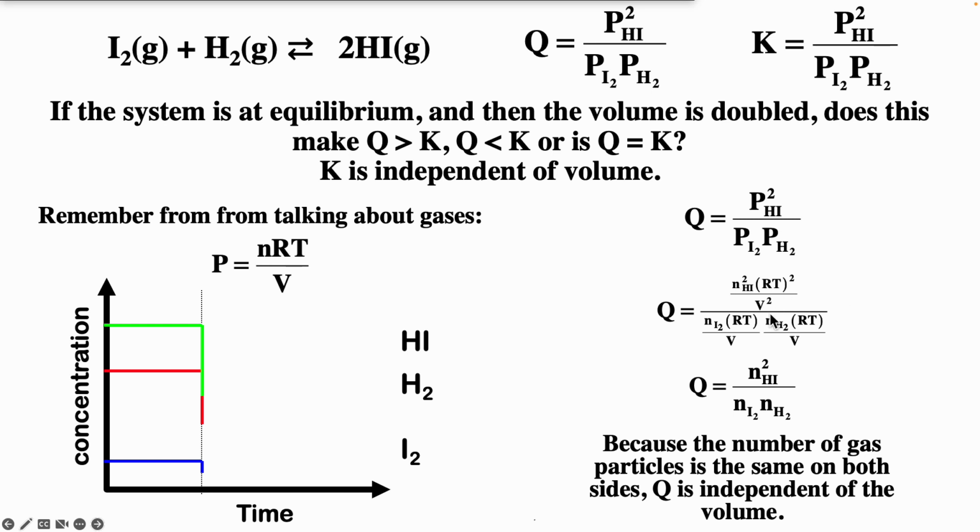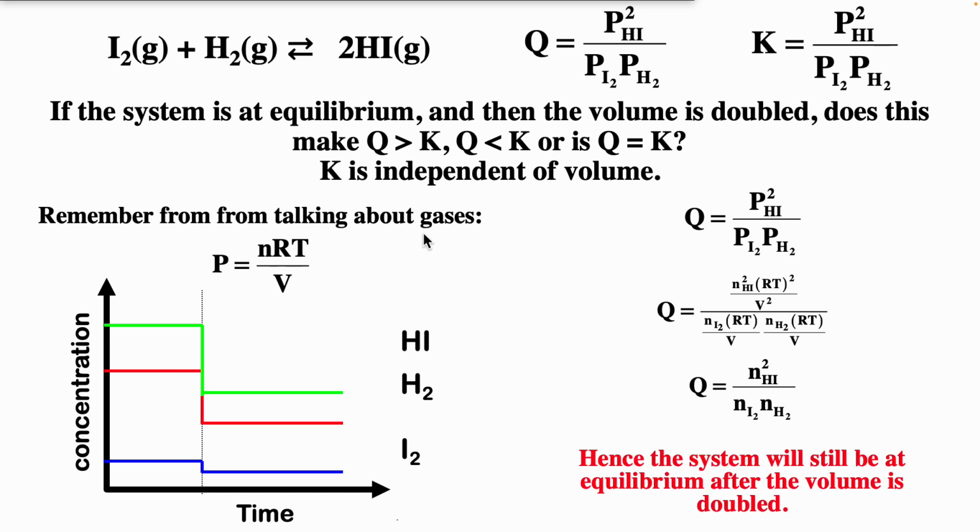And then notice that the RT's cancel, the V's cancel, and we end up this way. The RT's and V's cancel just because we have the same number of gas particles on either side. And so if you have the same number of gas particles in products as reactants, then changing the volume will not change Q. And so the system will remain at equilibrium.